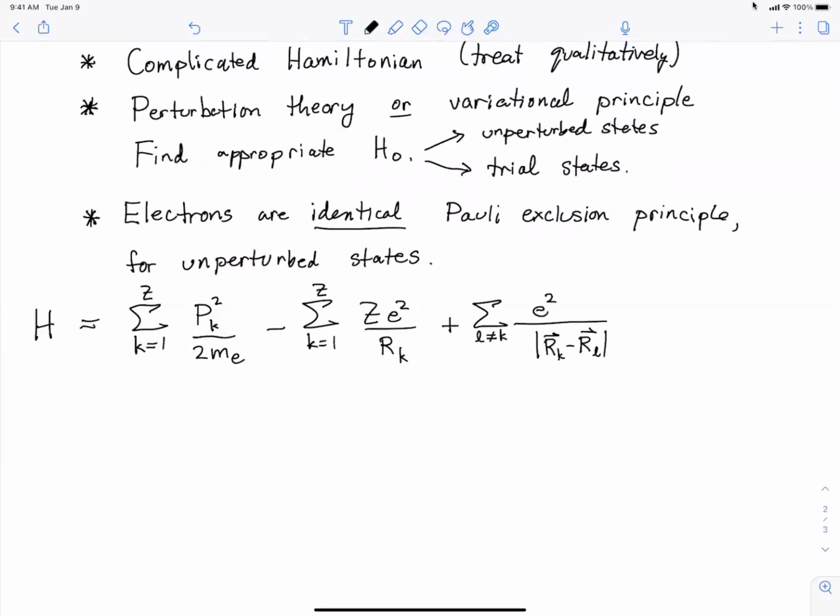And then I have to remember there's a factor of 2 in the denominator. And the reason for the factor of 2 is just that when I'm summing over both L and K, that means I'm including every pair of electrons twice. And so to avoid double counting the energy of the interaction between them, I have to divide by 2.